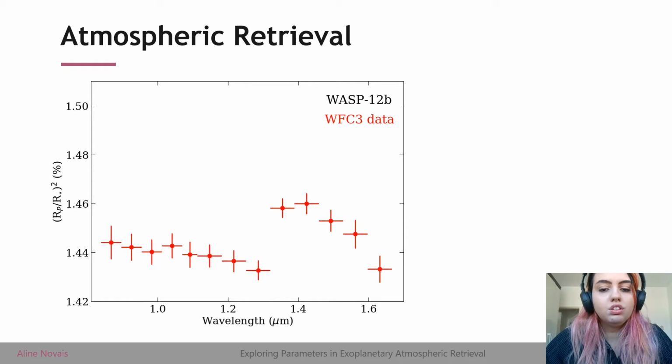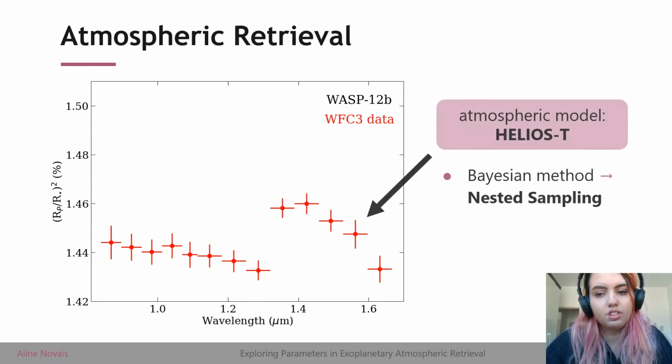Okay, so to this spectrum, we apply an atmospheric model. In our case, we use Helios-T from Fisher and Hang 2018, which is based on a Bayesian method called nested sampling. And the thing about nested sampling is that it allows us to compare models, as I'm going to show you in a few slides.